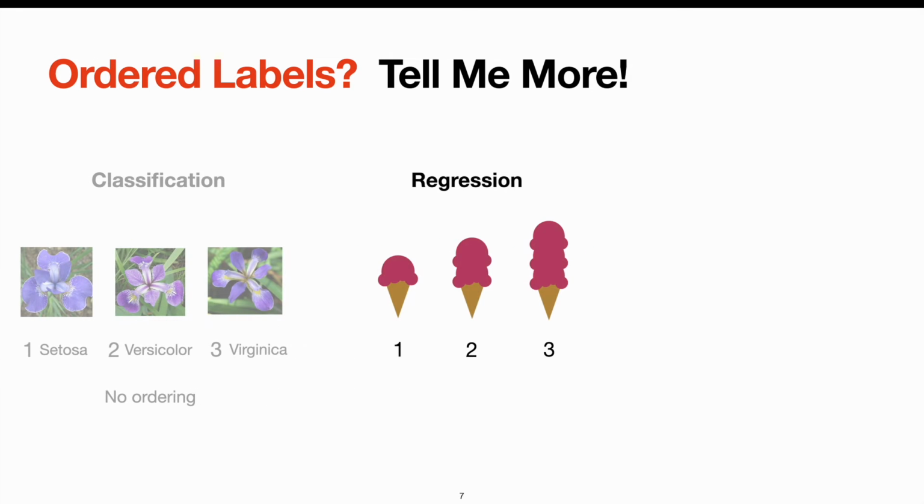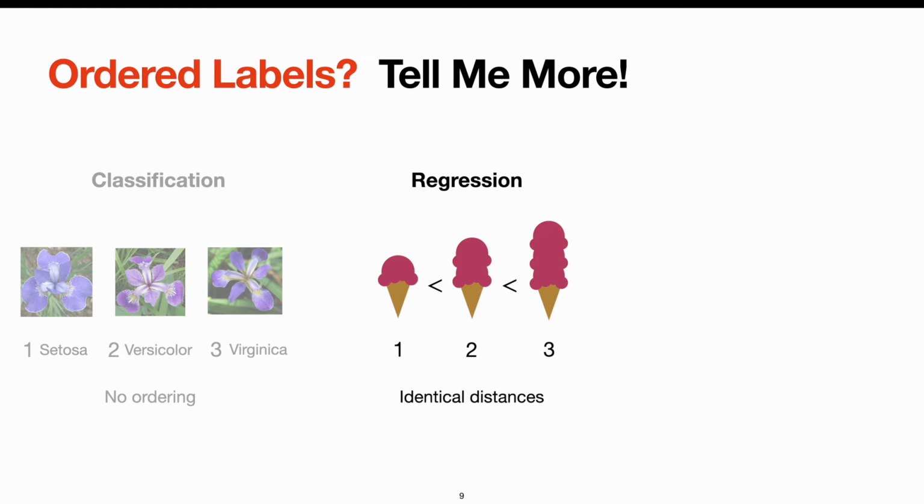In contrast, in regression contexts, we usually have a numeric scale, even a continuous scale. Here in this example, we have 1 ice cream scoop, 2 ice cream scoops, and 3 ice cream scoops. We can say that 1 ice cream scoop is of course less than 2 ice cream scoops, and 2 ice cream scoops is less than 3 ice cream scoops.